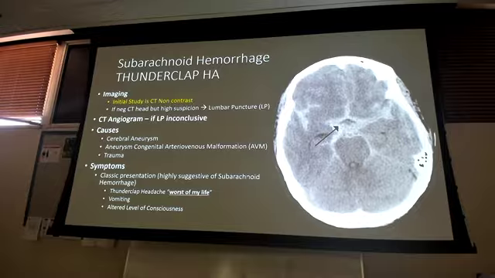Don't miss a subarachnoid hemorrhage if you're in the ER, because you're not going to do a lumbar puncture in the outpatient setting. That's not going to happen. But if you're in the ER and you get someone who comes in and you think this is subarachnoid hemorrhage, it looks like a duck, talks like a duck, smells like a duck, it's probably a duck.